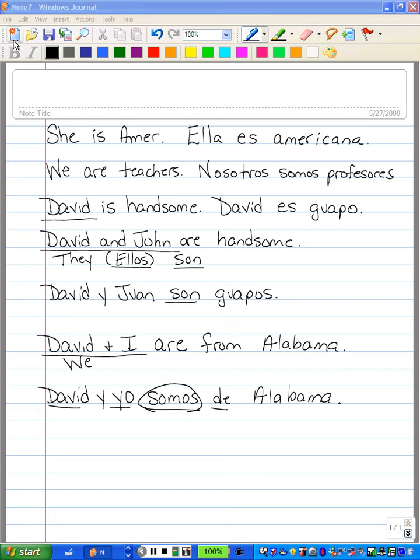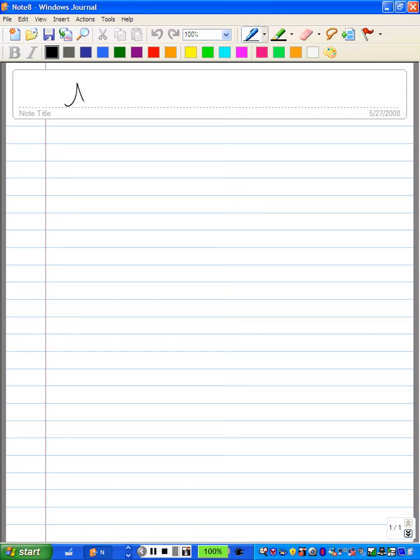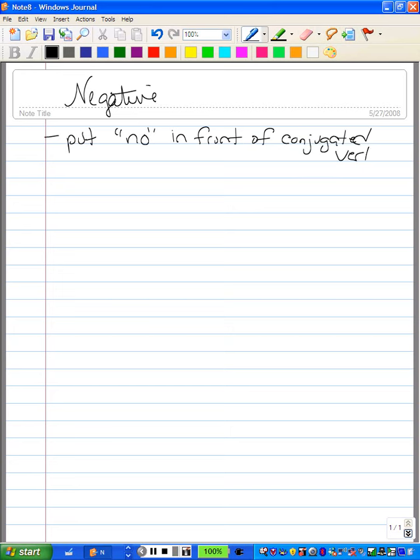Alright, one last thing. Let's talk about making a sentence negative. To make a sentence negative in Spanish, what you do is you put the word no in front of the conjugated verb.